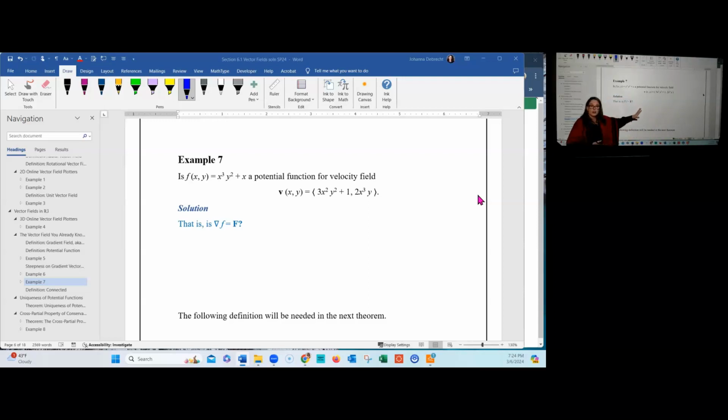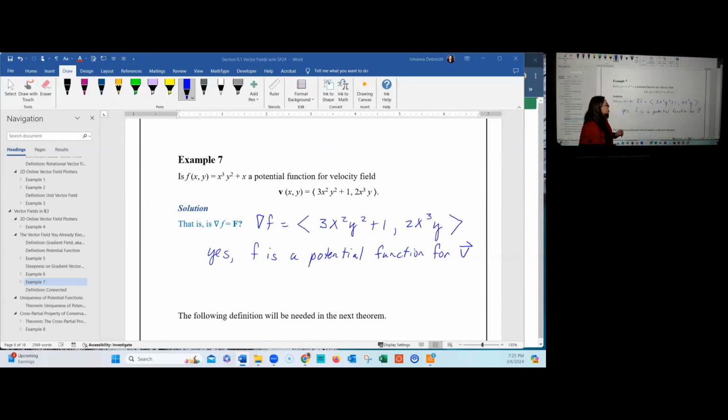Again, in order to determine, we want to take the gradient of function f and see if it matches the vector field. Go ahead and pause the video to work it out, then turn it back on so we can compare our answers.